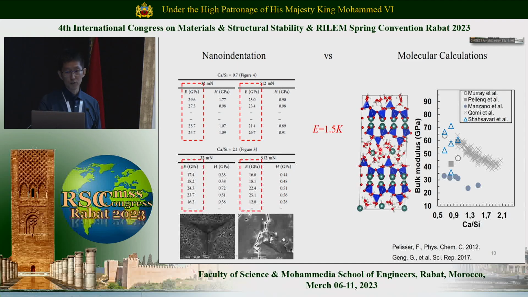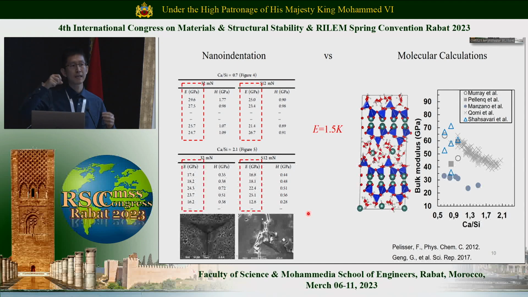And what's more, if you compare that to the theoretically calculated results from molecular dynamics simulation, the scattering is even larger. It can go from 30 gigapascal all the way to 70 or 80 gigapascal in terms of the elastic modulus. So a very important reason for this scattering is because when you do nano indentation, you don't really indent just a solid CSH particle.